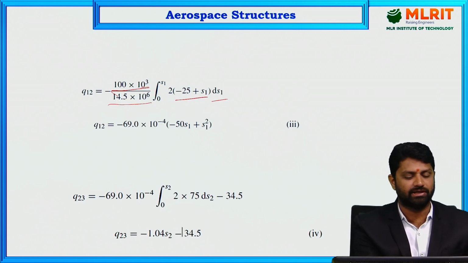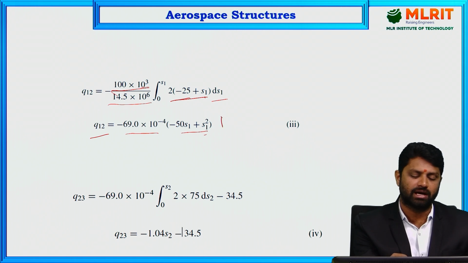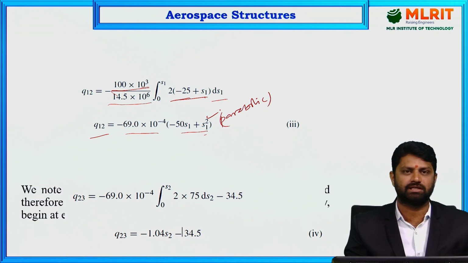Then if you integrate this, minus 50 into S1 and S1 becomes S1 square. So clearly for panel 1, 2, we get minus 69 into 10 power minus 4 times minus 50 S1 plus S1 square as the distribution, and you can see that we are getting a parabolic curve, since we got S1 square, that is, the degree is 2.